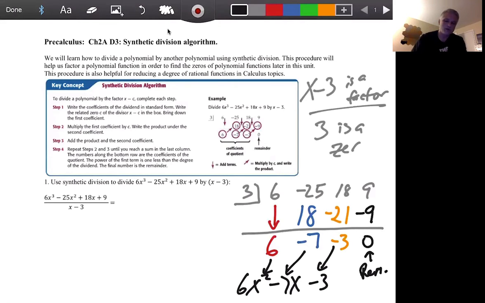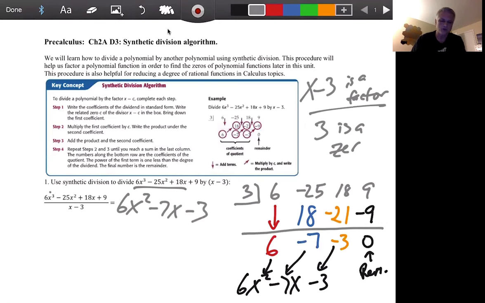So with that, we can look at our example here. Use synthetic division to divide this polynomial by x minus 3. Okay? So we just did that. So our answer is 6x squared minus 7x minus 3.